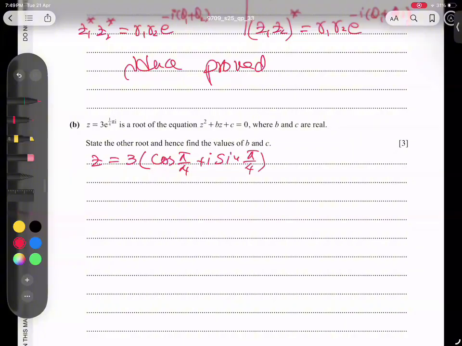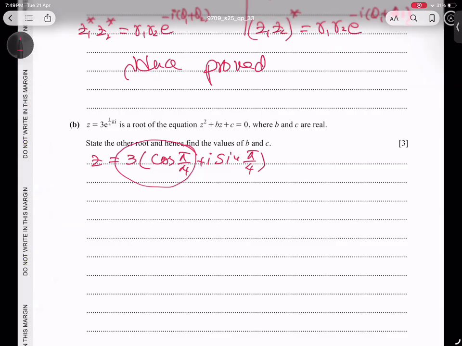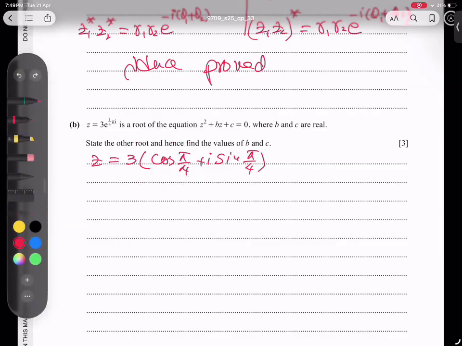If I type it in the calculator, what I get is root 3 by root 2 by 2 basically. I call this Z. So 3 times root 2 by 2 we get here, and the same story here, 3 root 2 by 2 and iota.